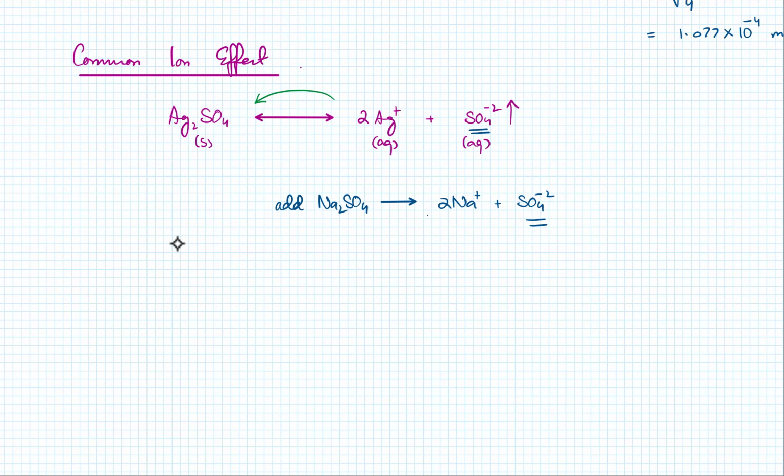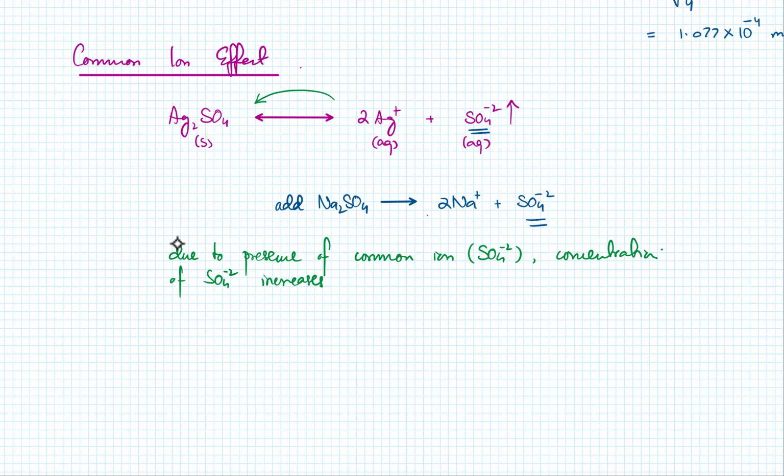So due to the presence of a common ion, which in this case is sulfate, the concentration of sulfate ions increases. You have a much higher concentration of sulfate ions, and the equilibrium shifts backwards.